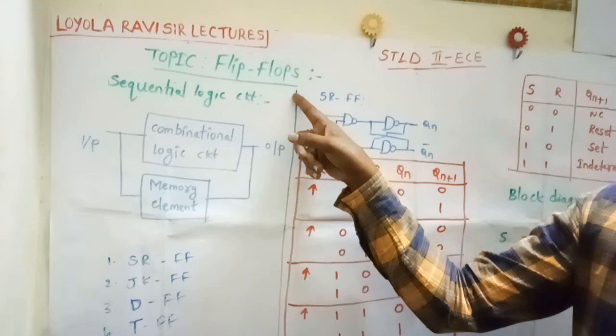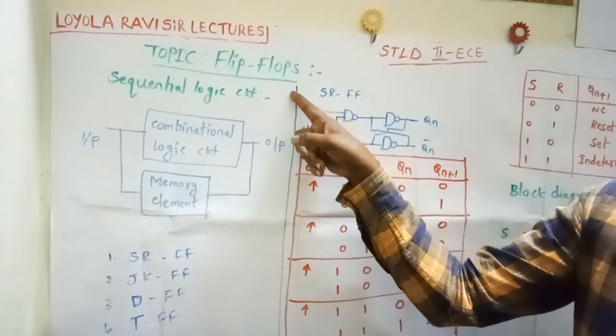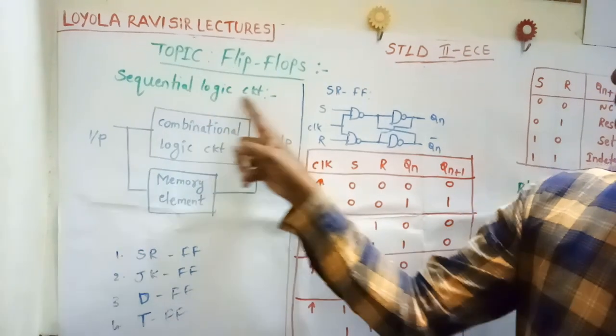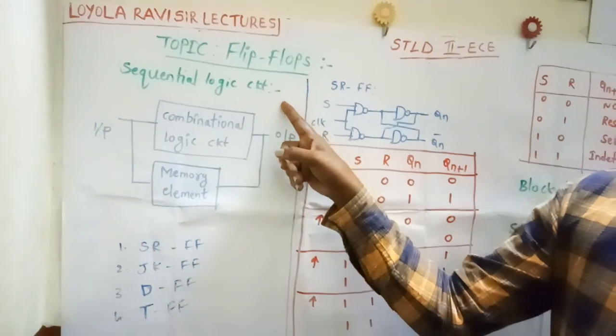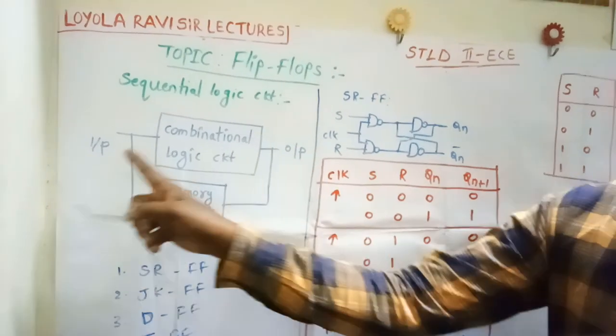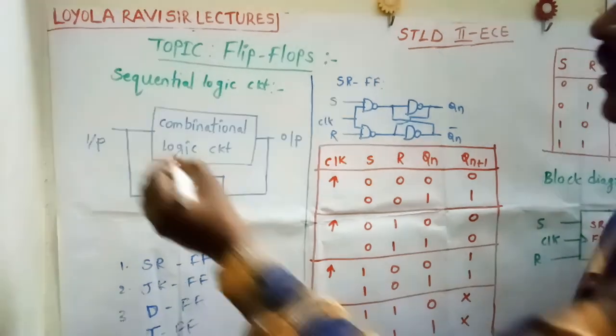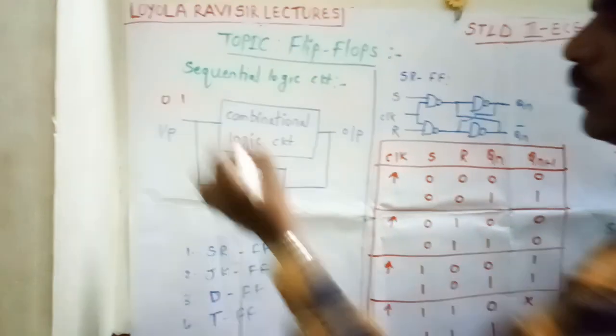So first of all, what is a flip-flop? We have to discuss. Before discussing flip-flops, first go for the sequential logic circuit. The sequential logic circuit is nothing but a circuit where the output depends on the combination of inputs as well as the previous output. For example, my previous combination is 0, 1.